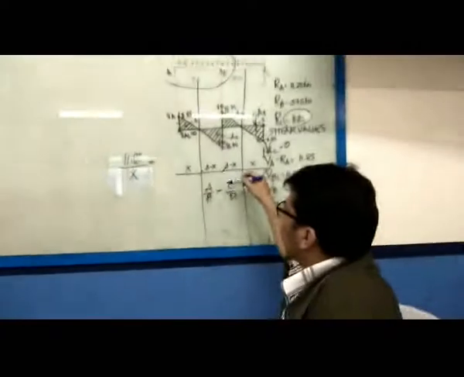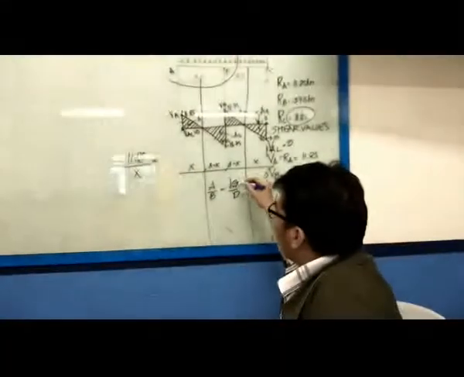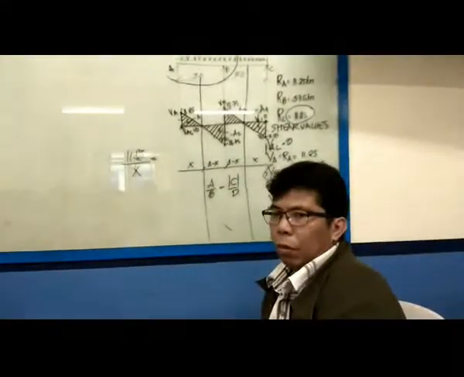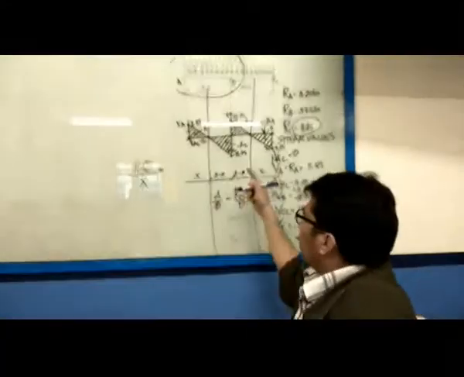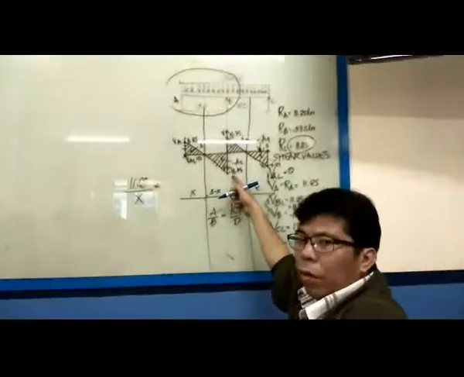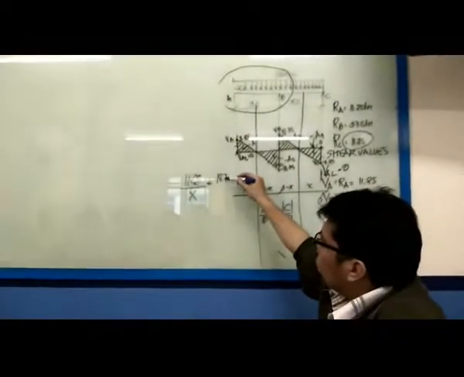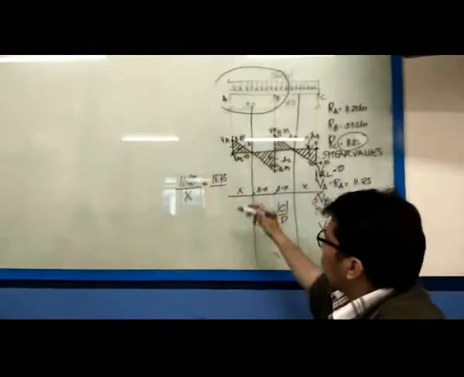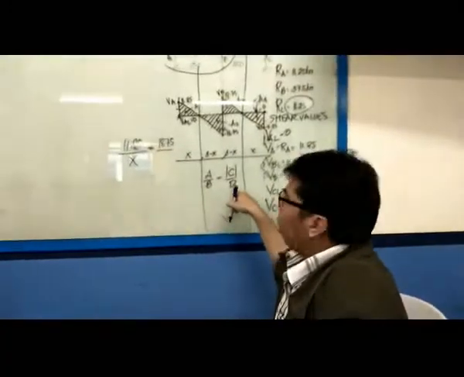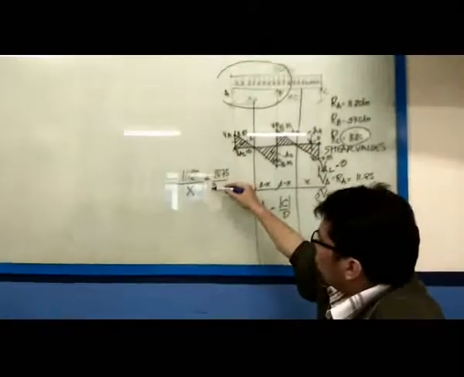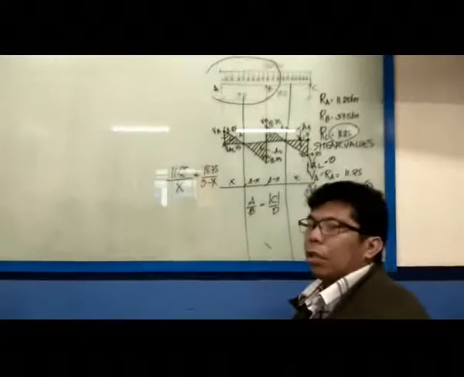Remember guys, yung value natin dito ay absolute. Okay? Kaya kahit na negative ang value dito, magiging positive siya dito. Okay? At yung D natin, 3 minus x na siya.